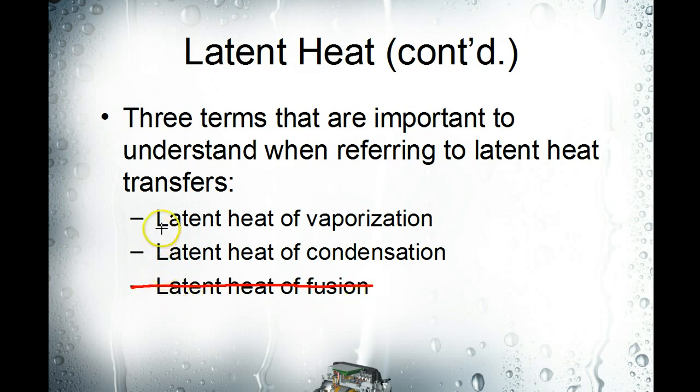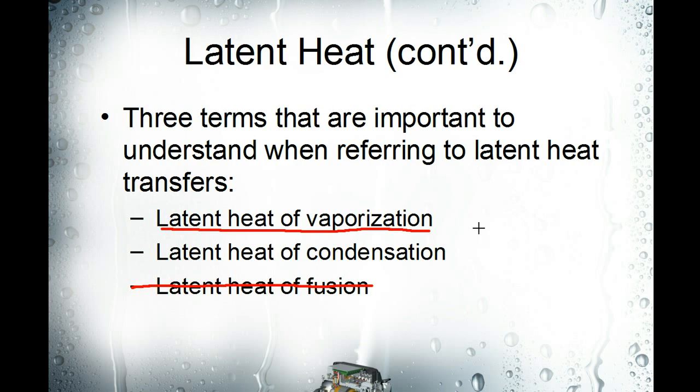But the two things you really need to know are latent heat of vaporization, and that's where we talked about the water boiling into a water vapor. Now, it doesn't necessarily have to be water, as long as we have a liquid turning into a vapor, it doesn't really matter.